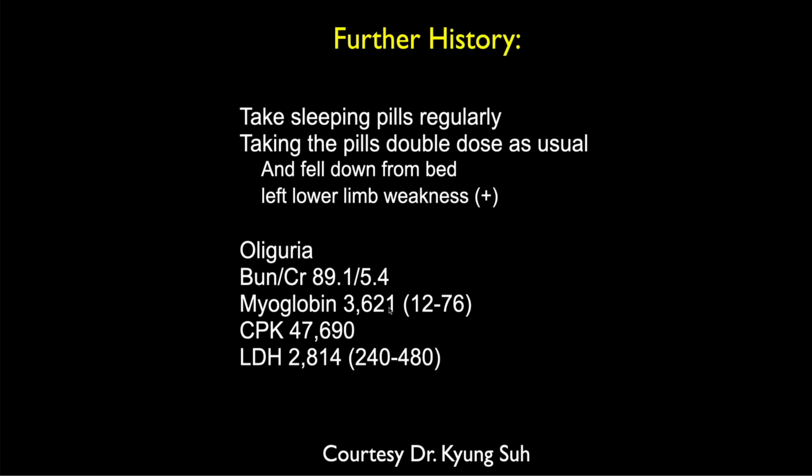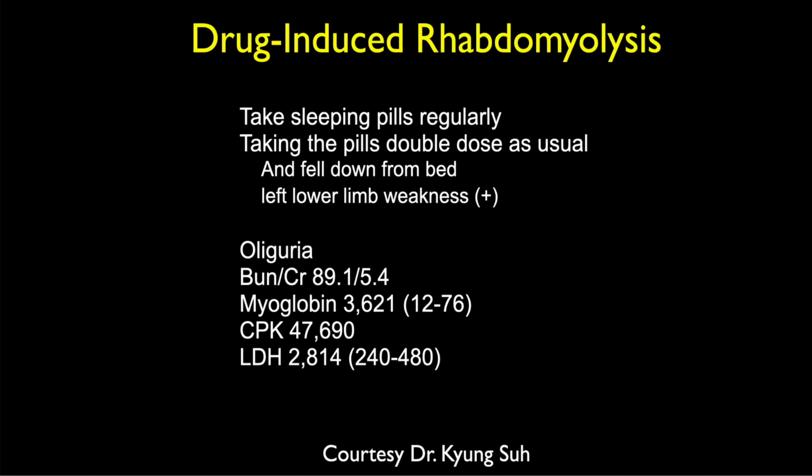Myoglobin is very high, so you've got a lot of destruction of muscle with a lot of muscle particles in the blood, which are probably destroying the kidneys. CPK is very high. LDH is very high. And this is drug-induced rhabdomyolysis.